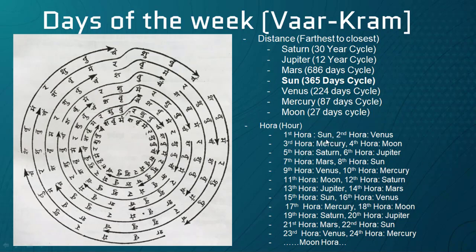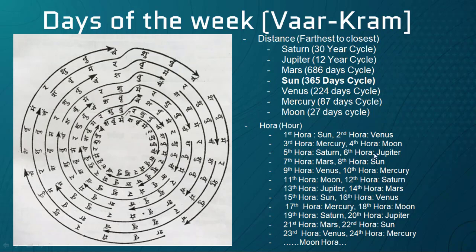Then the nearest to the sun is Venus, so Venus gets the second hora and becomes the lord of the second hour. The third planet is Mercury, so Mercury gets the third hour. Moon gets the fourth hour lordship.